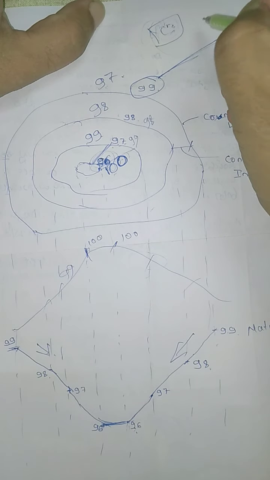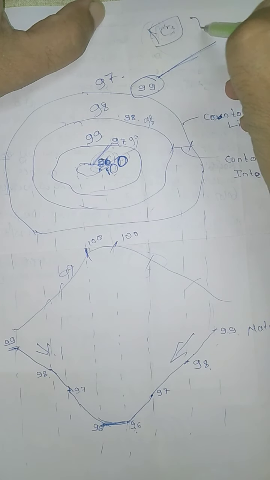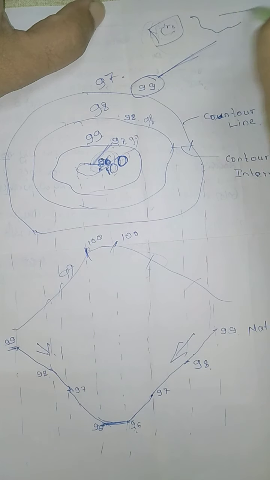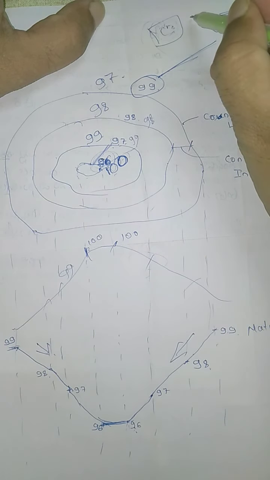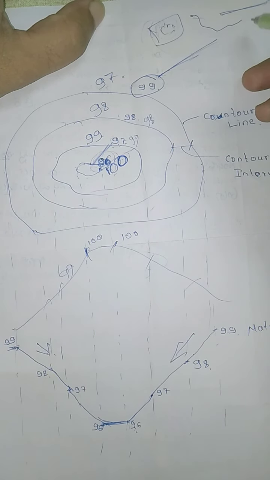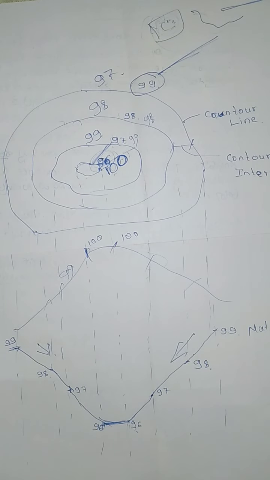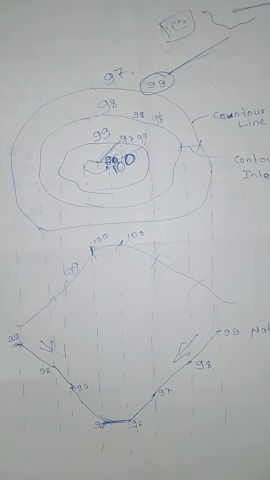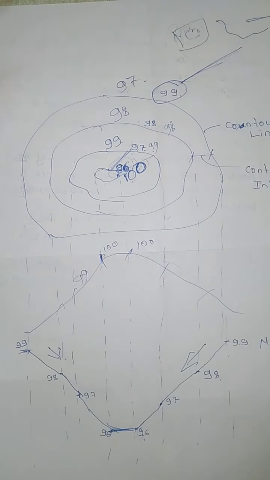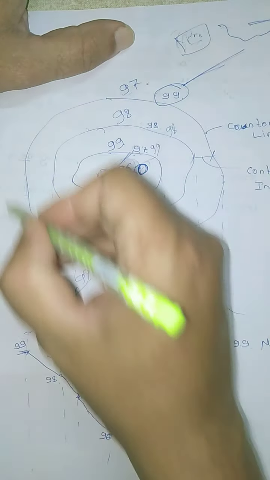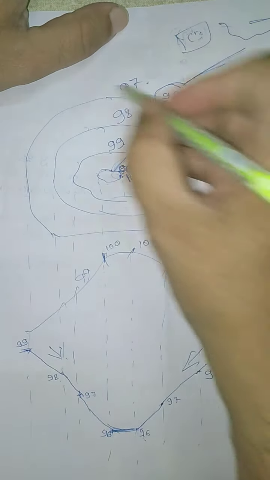You have determined whether the area has a slope, or is a flat surface, or has inclination or declination, whatever it is, using the dumpy level or theodolite. Now in this area, this map is nothing but the contour diagram.